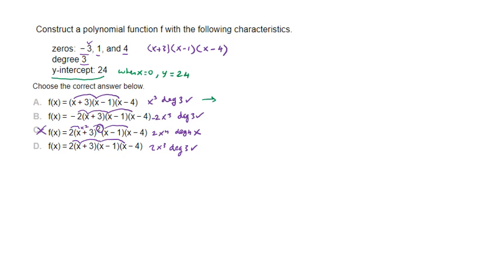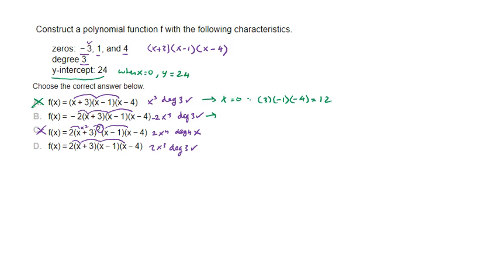Okay, so here, if x equals 0, for choice number A, then we're going to have 3 times -1 times -4, which is going to give us 12. Okay, which is not the 24 that we want. So option A is also out of the question.